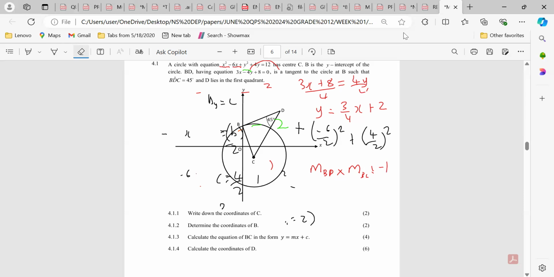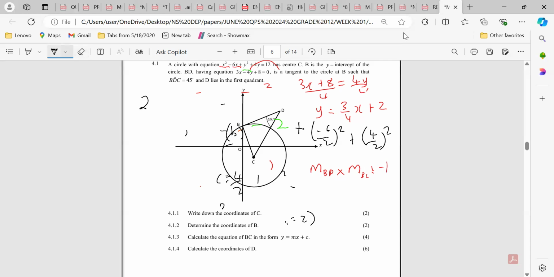If I differentiate in terms of x, I am going to get 2x minus 6. If you let this be 0, you take this one to the other side: 2x is going to be 6. Divide by 2, x is going to be 3. That is the x coordinate of the center.